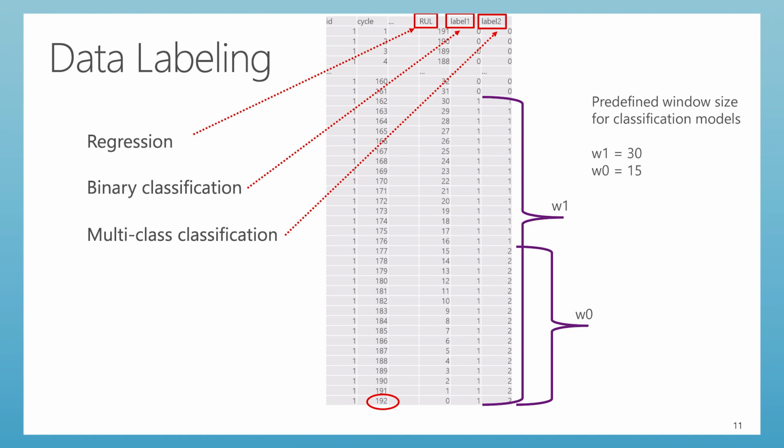I will show how I actually label the data and how I generate the features. Data labeling is a very important stage for preparing the training data for a machine learning task. We need to have the labels in order to train a supervised machine learning model.